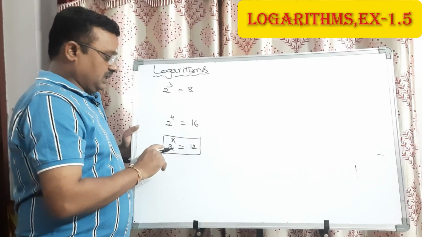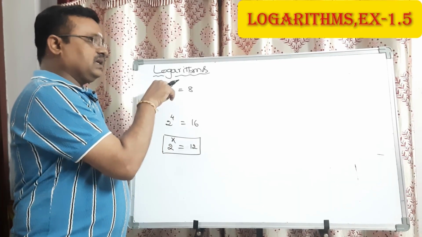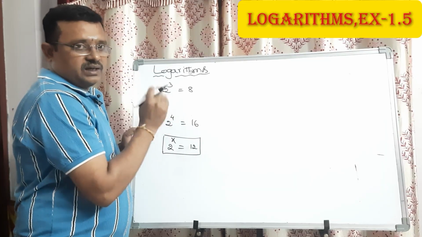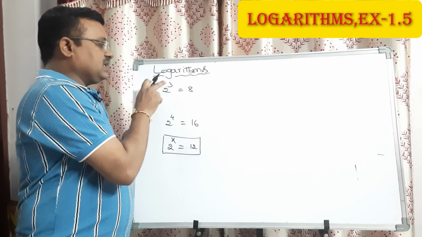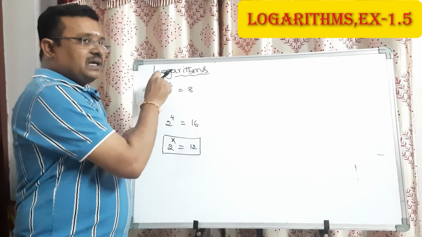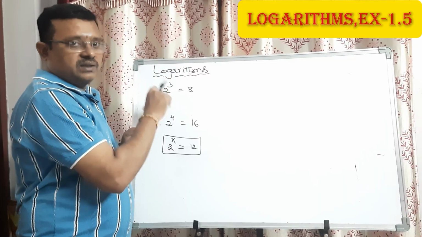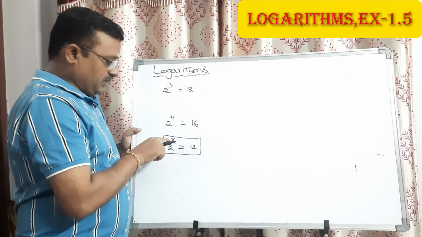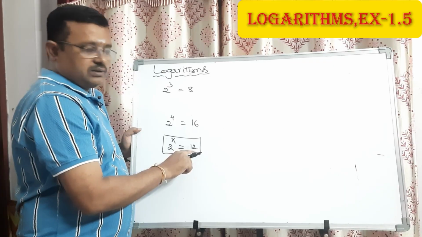But observe that from 3 to 4 in the powers, there are infinitely many real values. That concept we already discussed in the previous exercises. When the power is increased, infinitely many real number values we can take. Among them, one real number value x will result in the answer 12.